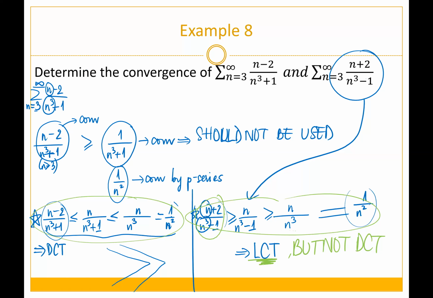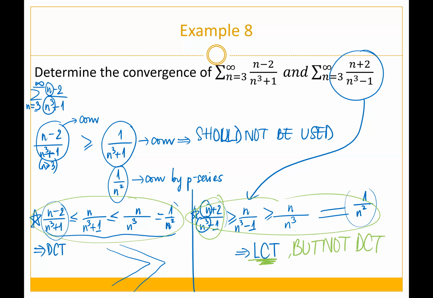You can try plugging in numbers. Can you do the LCT? Both of them you can do the LCT, but only one of them can use the DCT. So the LCT, I would say, is more general than the DCT. If you want to use it all the time, that's completely fine.